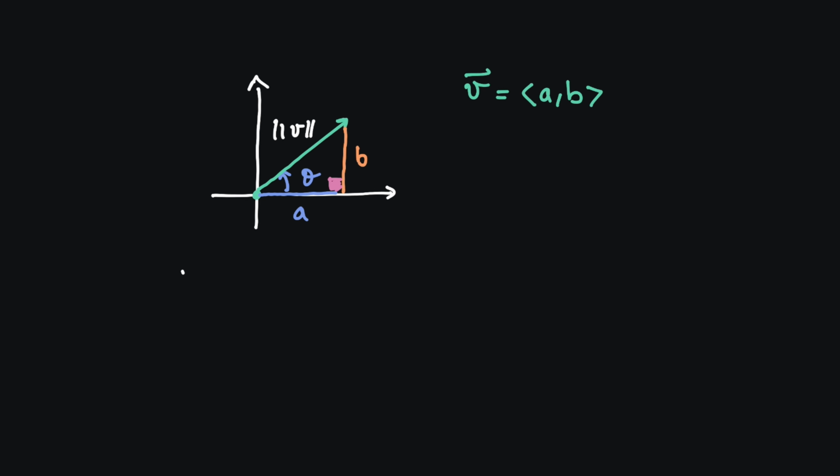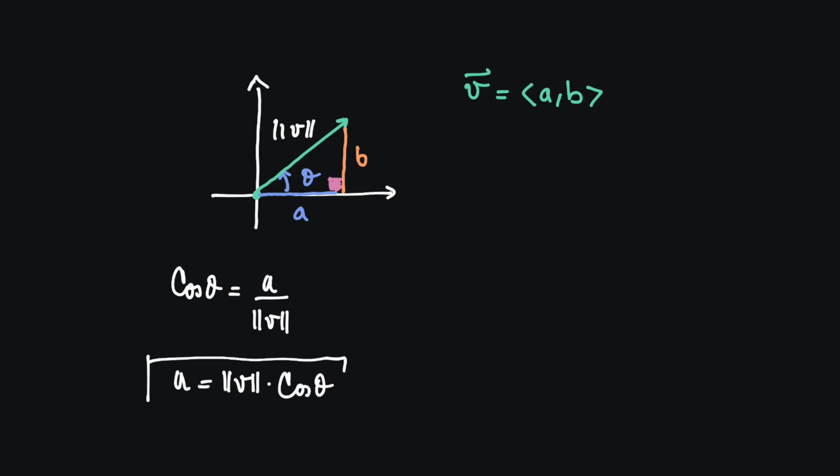For example, cosine of theta is going to be equal to adjacent, that is a, over hypotenuse, that is the magnitude of the vector. If we isolate a, we get that a is equal to the magnitude v times cosine of theta. So if we have the magnitude of the vector and theta, we can find the component a.